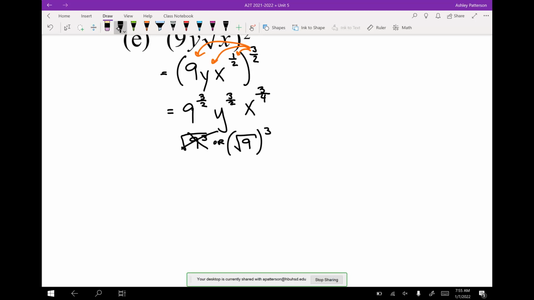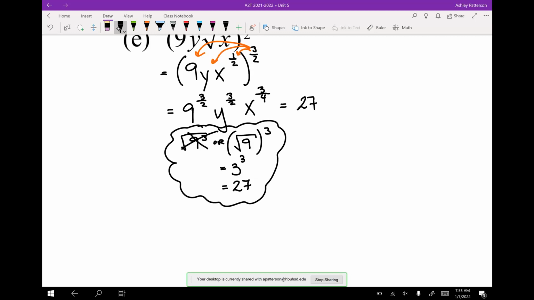So the square root of 9 is 3. And if we cube 3, what do we get? 27. Good. I'm going to put this in a little thought bubble to show that that was a little bit of a sidebar. All right, so we end up with 27 times y to the 3/2 x to the 3/4.